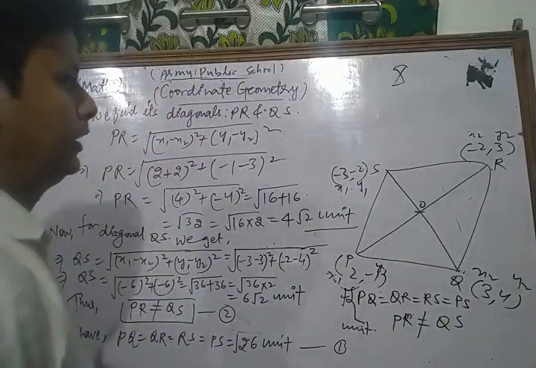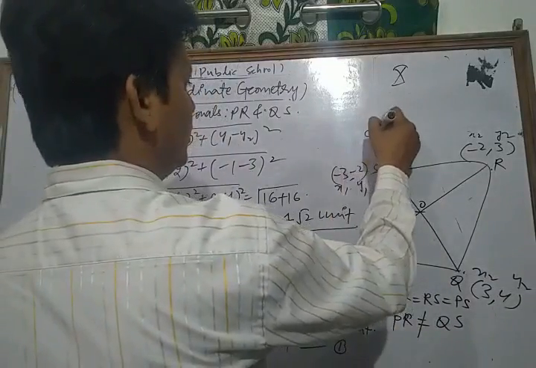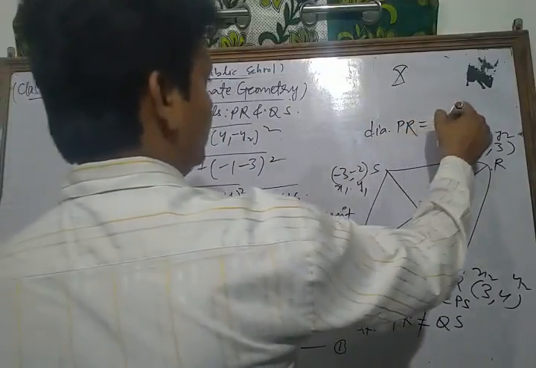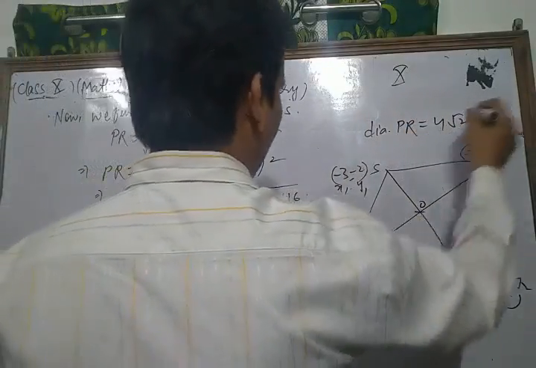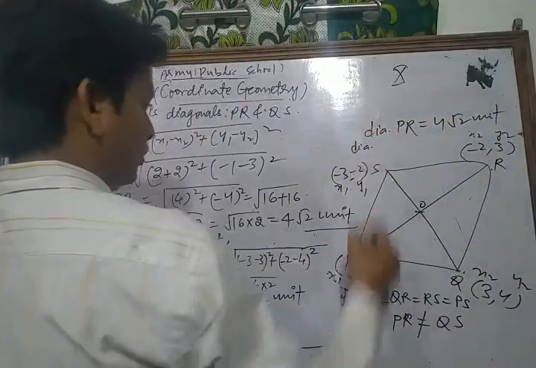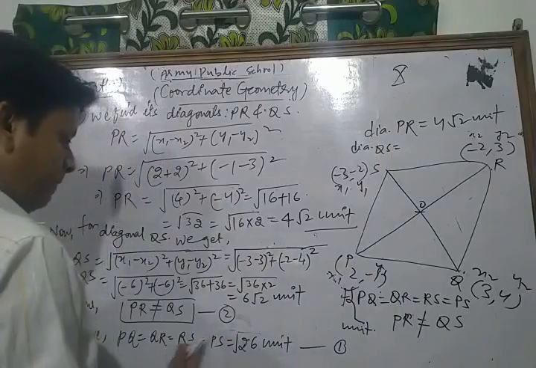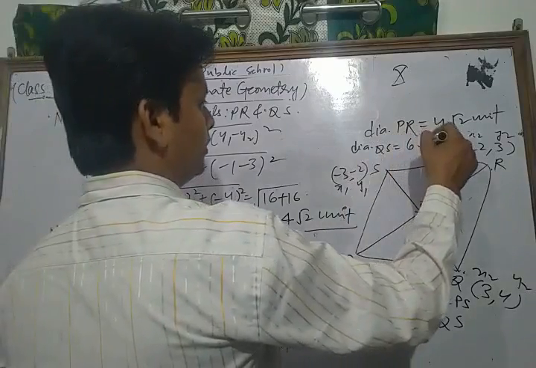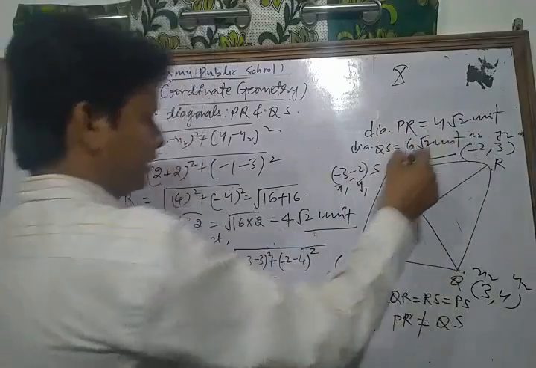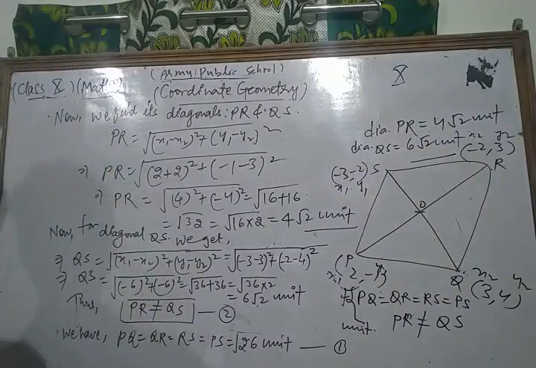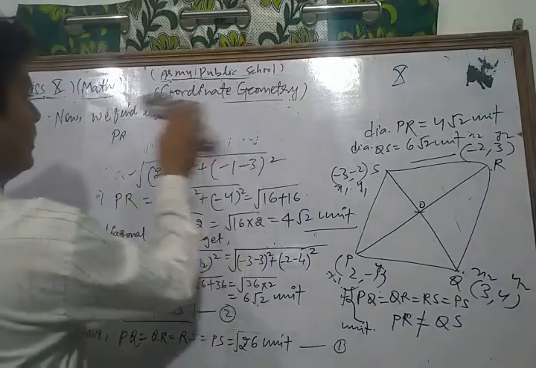Diagonal PR is equal to 4 under root 2 unit, and diagonal QS is 6 under root 2 unit. So these are not equal to each other.